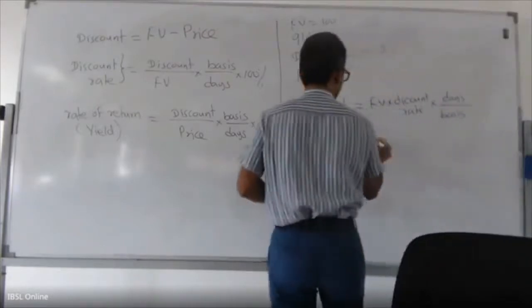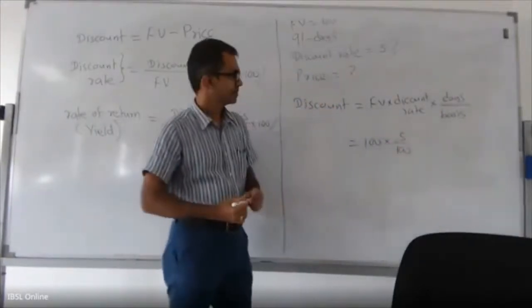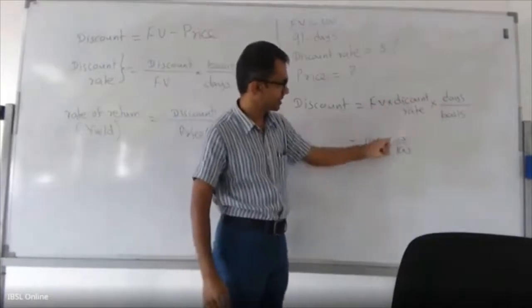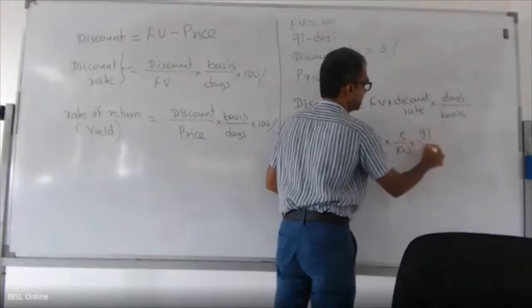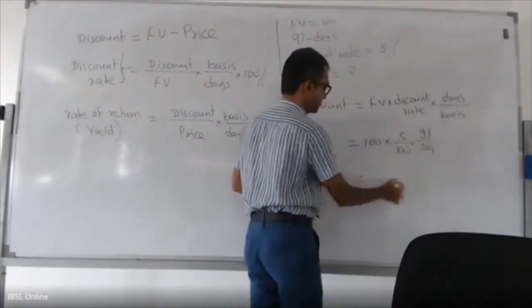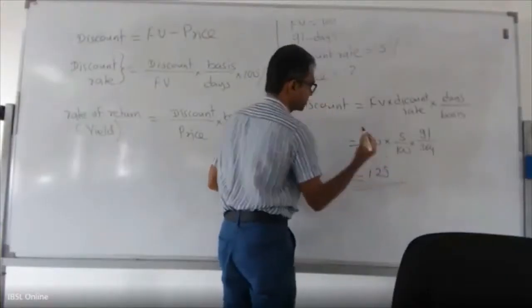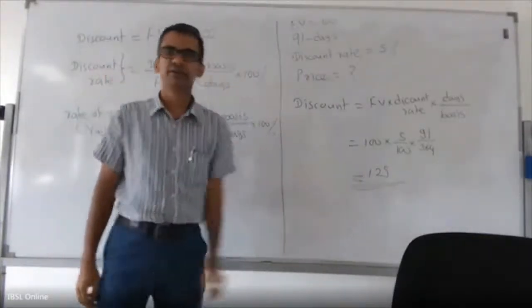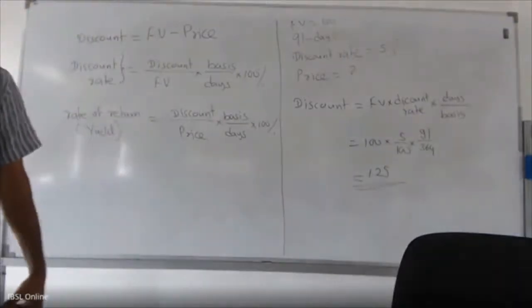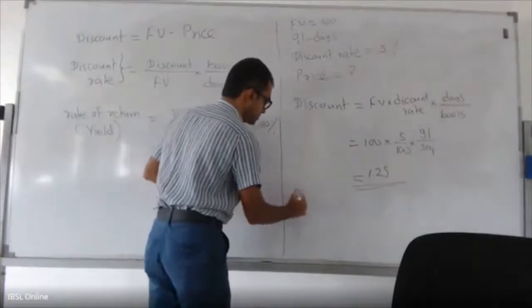So face value is 100, discount rate is 5%, 91 days divided by 360. 5 divided by 4, discount is 1.25. We are calculating the discount. Then you know the price.